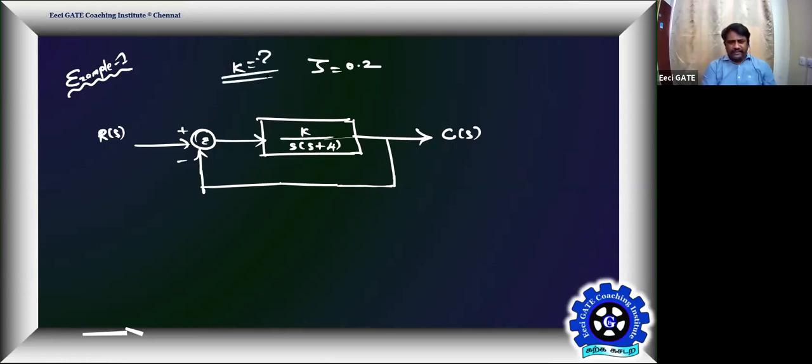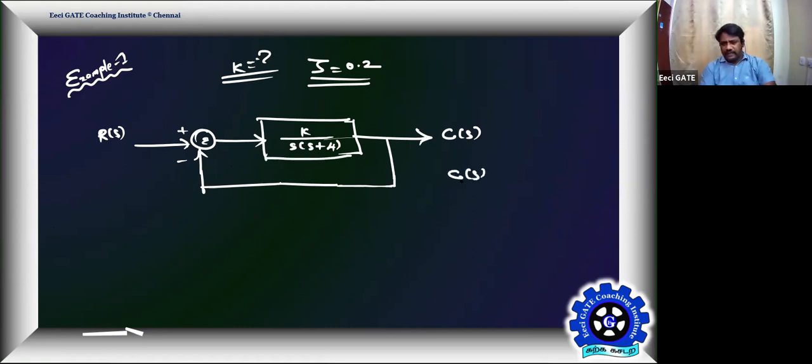Find the value of K such that the damping in the given closed loop control system is equal to 0.2. So K is going to influence your damping. I want the damping to be set to 0.2, which means find the value of K. How to proceed?